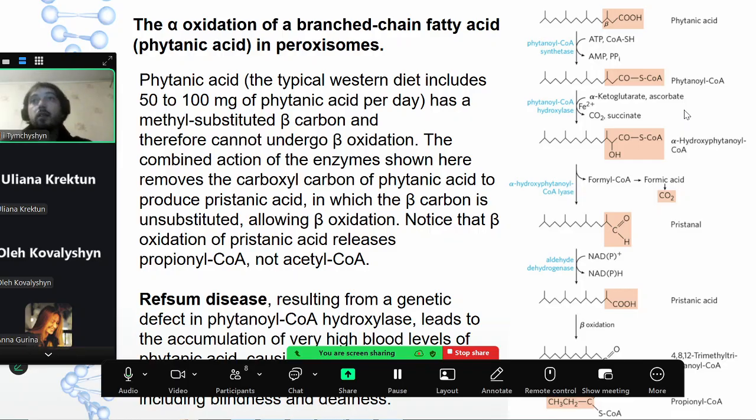The thing is that we should somehow process that, but you might guess that beta oxidation on its own will not help us, because it is used to a simple chain, and here we have branches in this chain. Why do we need to metabolize that? Phytanic acid you can find in the typical Western diet. Whatever we eat typically will contain something like 50 to 100 milligrams of phytanic acid per day.